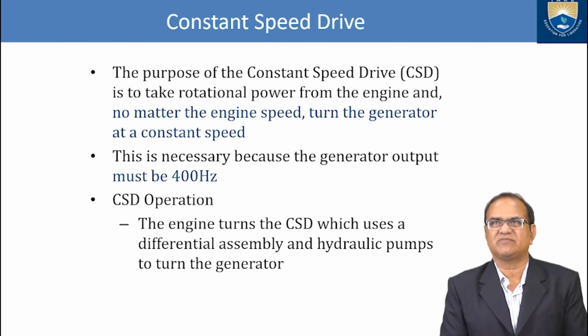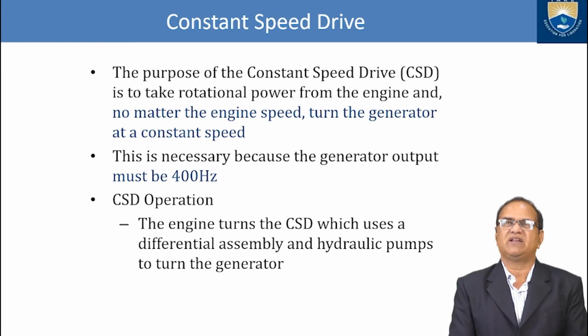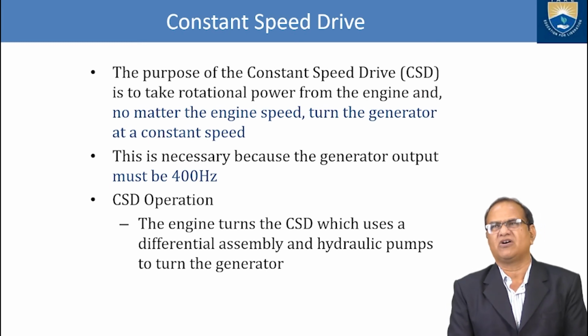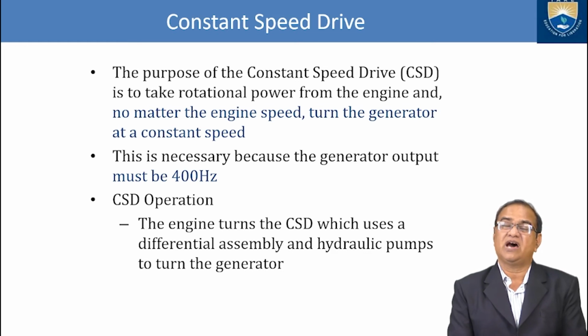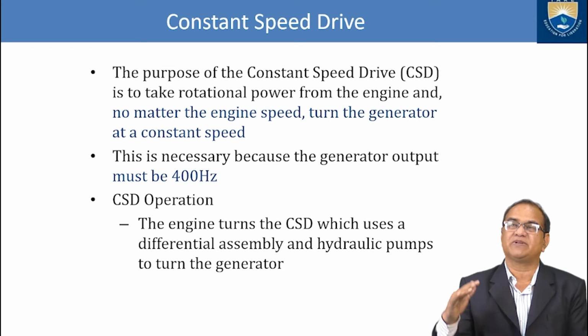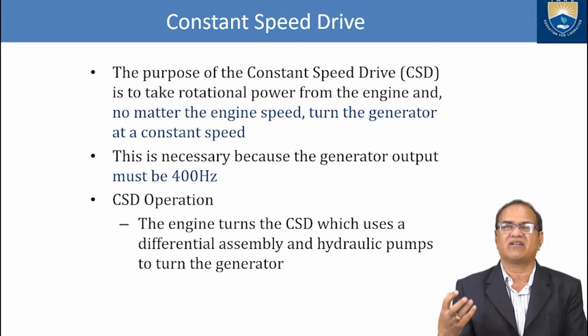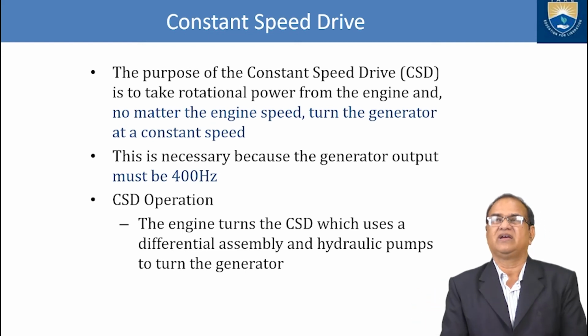First I will discuss the constant speed drive. By name itself, the speed should be constant. So how are we going to achieve this? Because the engine RPM will fluctuate as per the load of the aircraft, the maneuvering condition, or the wind condition, rain and other atmospheric turbulence.